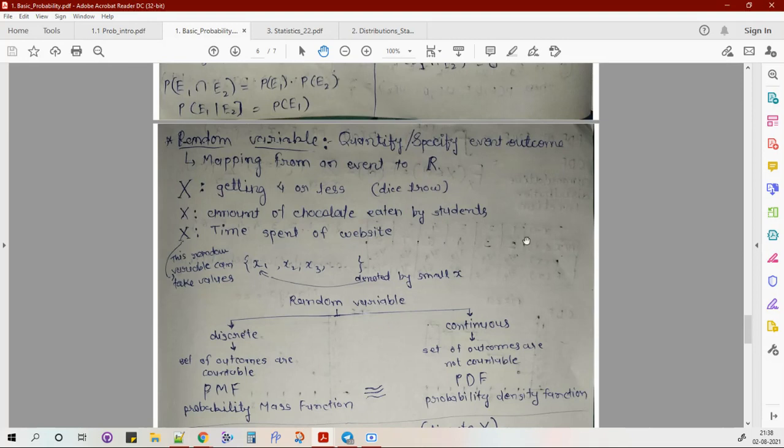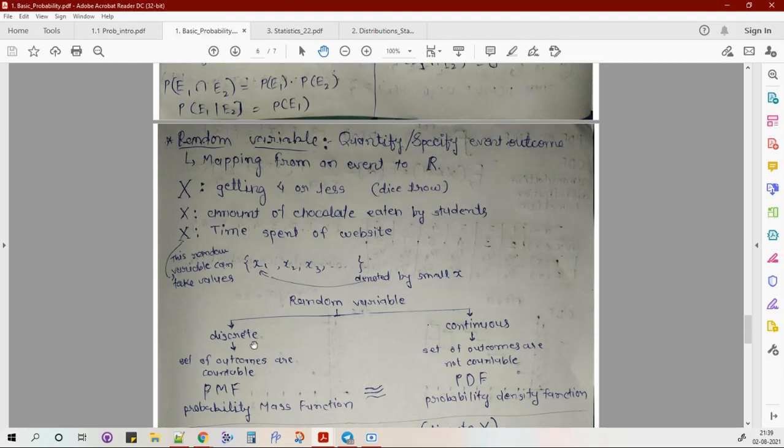So this time can be anything: 1 minute, or 1 minute 1 second, 1 millisecond, 100 milliseconds, 101 milliseconds. So basically it can take all the values belonging to R, right? Not zero or minus 0, right? So it's nothing but the continuous random variable, and this is the thing that you can count, like all the outcomes of the variable or the values that your random variable can take.